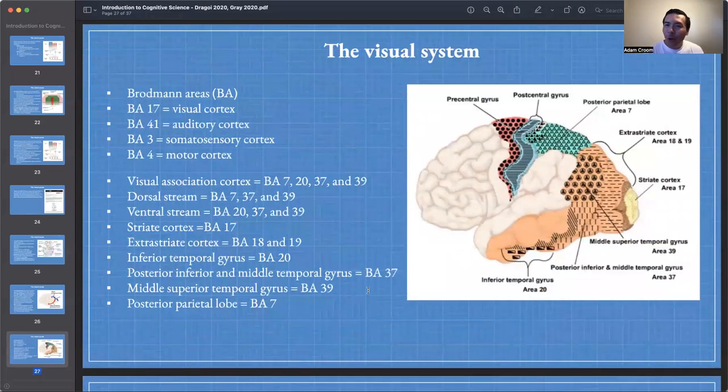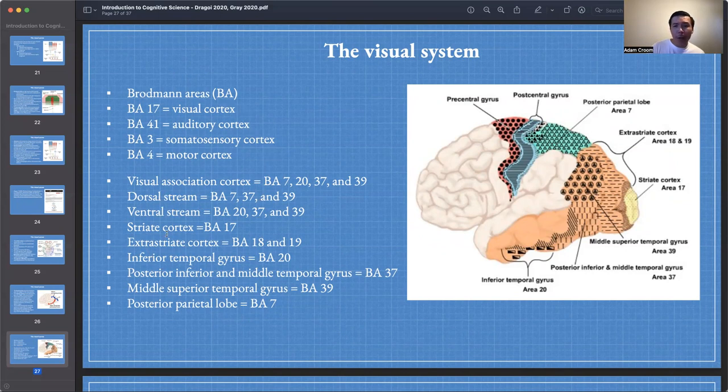Here's another view of our beautiful brain. And this time I've provided, again just for reference, major Brodmann areas. So we see the Brodmann areas for vision, audition, and some of the sensory and motor cortex. And down here, I've provided more specific Brodmann areas for each of these more visually focused activities.